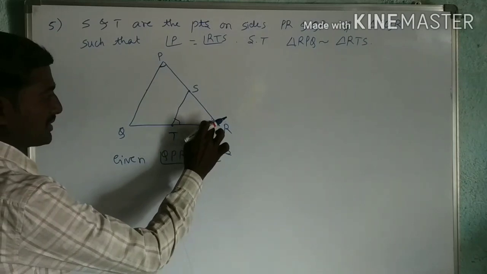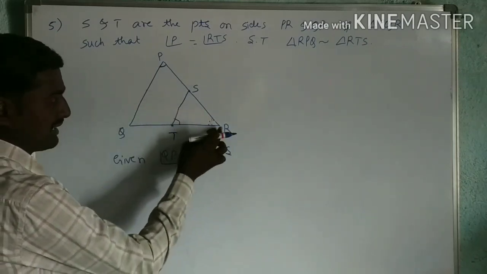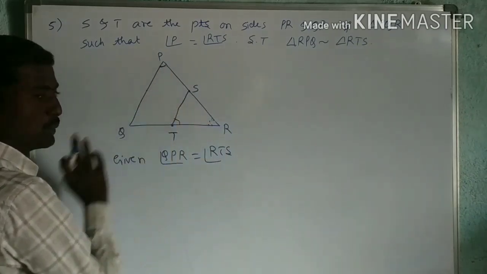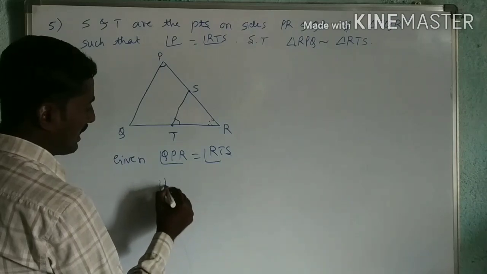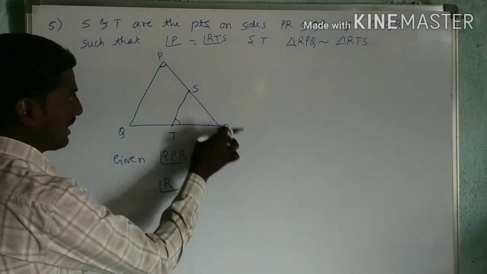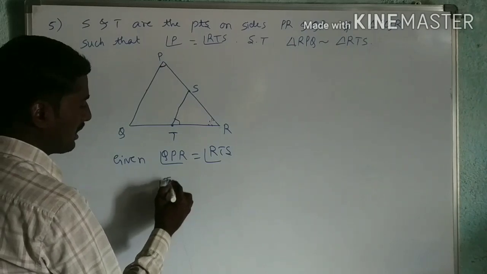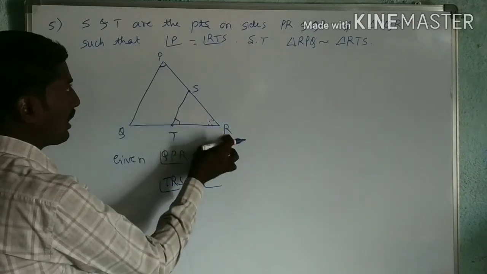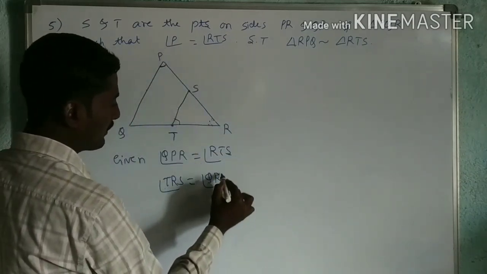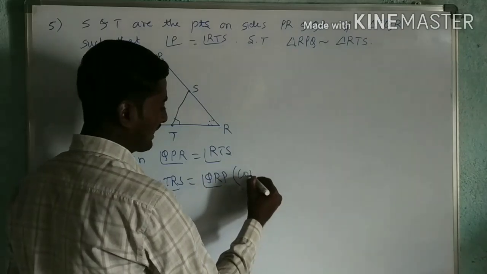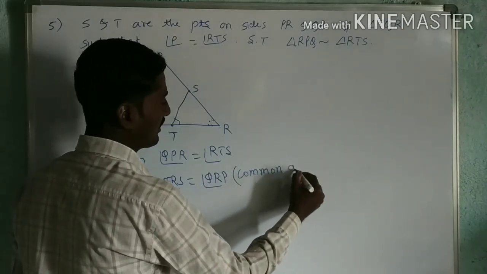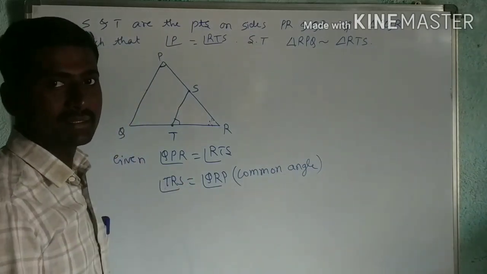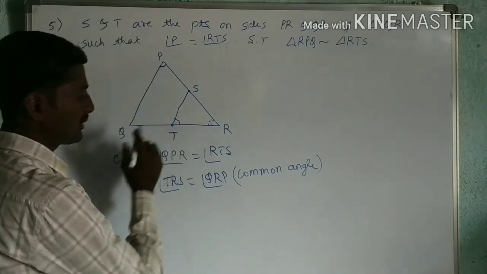Another angle is common for both the triangles: angle R, that is TRS, is equal to QRP. This is the common angle, so I got two angles. By using the AA similarity criterion, I can say that these two triangles are similar.